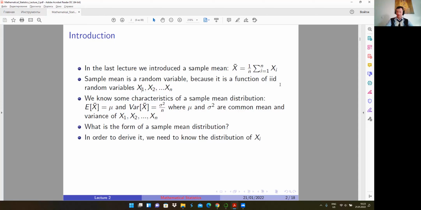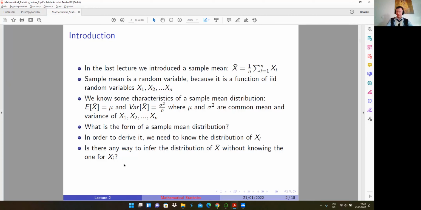So the question is, is there any other way to infer the distribution of a sample mean? Look, I'm talking about the distribution of a sample mean without knowing the distribution of this particular random variable xi. And we will answer this question today.